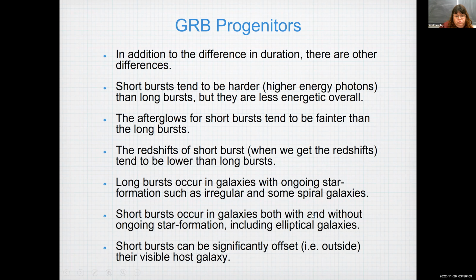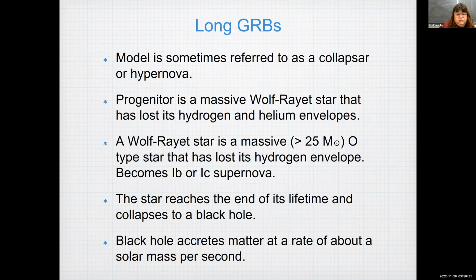Low mass stars live so much longer that by the time they end their lives, they may not be in the same area where they formed at all. They could be in an area that had little star formation, or in the case of an elliptical galaxy, a galaxy that no longer has active star formation.